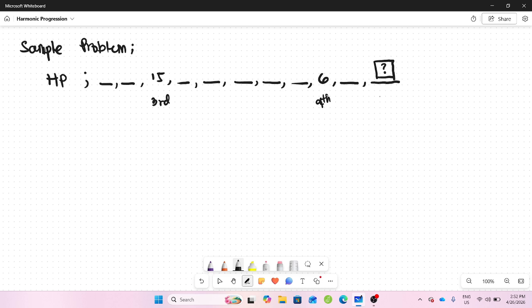Now, we have to solve for the value of the 11th term. We have 1, 2, 3, 4, 5, 6, 7, 8, 9, 10, 11. So let us solve for the value of the 11th term.